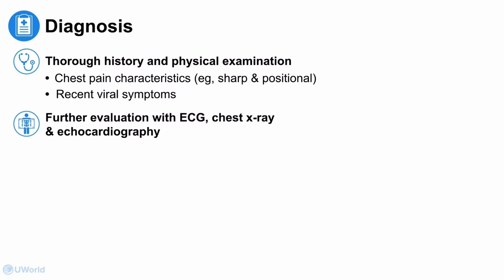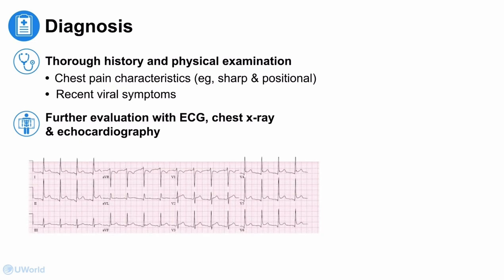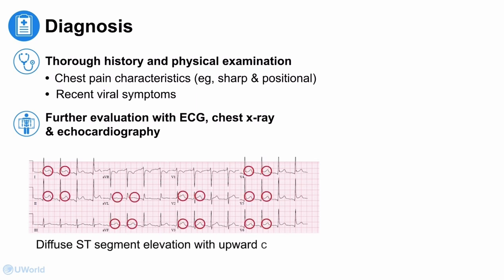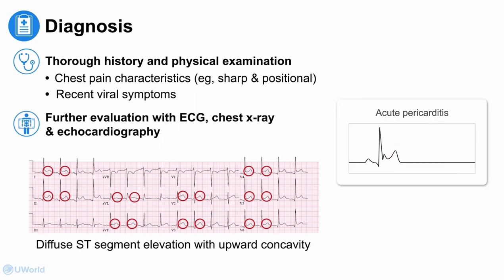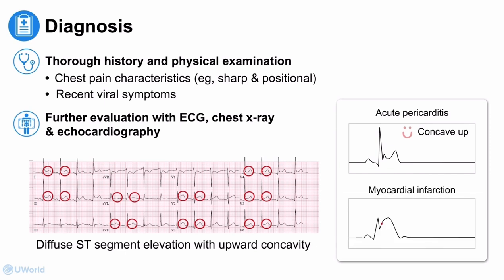Typical ECG findings are due to widespread inflammation of the subepicardial myocardium, causing diffuse ST segment elevation with upward concavity. This can be differentiated from the ST elevation seen in myocardial infarction, which is typically localized and more likely to have downward concavity.